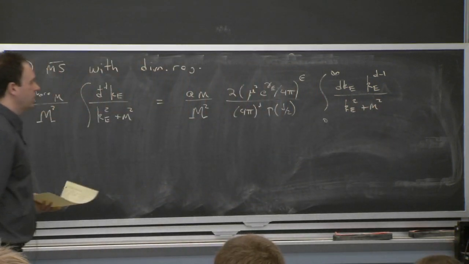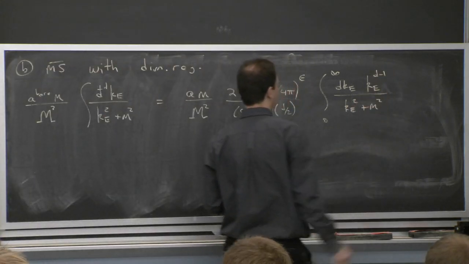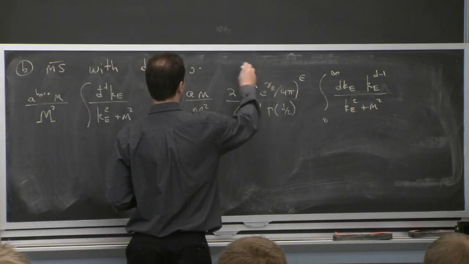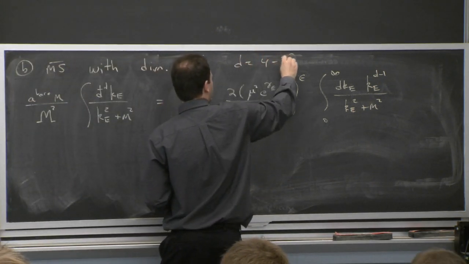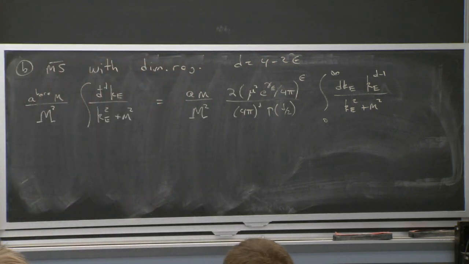So leaving the radial integral, but regulating it dimensionally just means that instead of having this guy to the cube power, it's to the d minus 1. And there's some pieces here that depend on epsilon. And my convention for the entire course is that d is 4 minus 2 epsilon, not 4 minus epsilon.